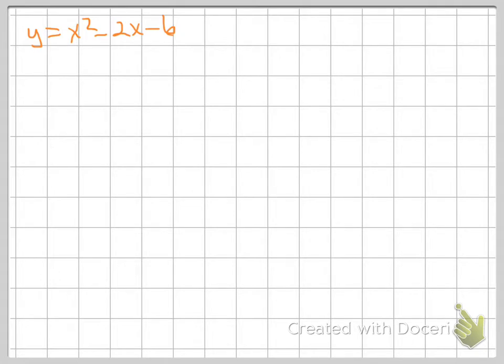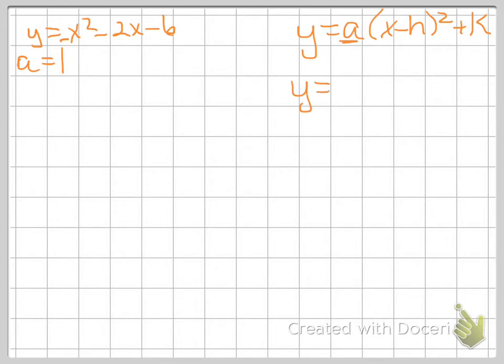Remember we're going to identify our a, and my a is equal to 1. Remember, y equals a times x minus h squared plus k. The a for both is going to be the same. So y equals, a is 1, so we're not going to worry about writing out our a.